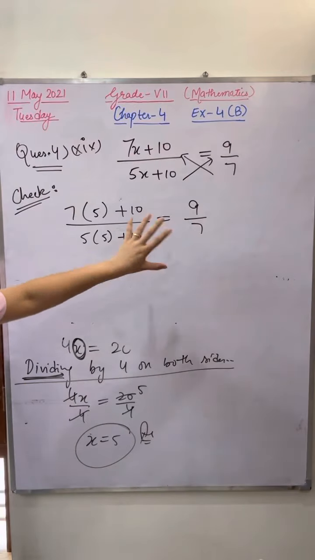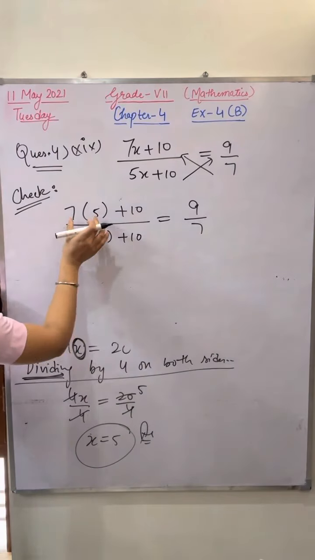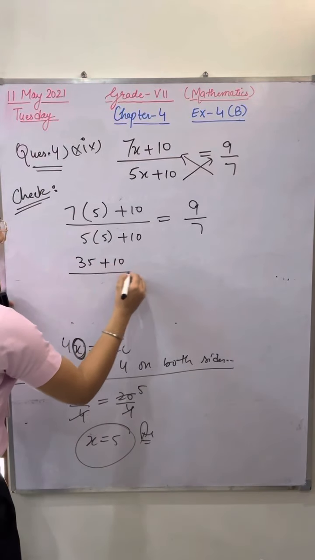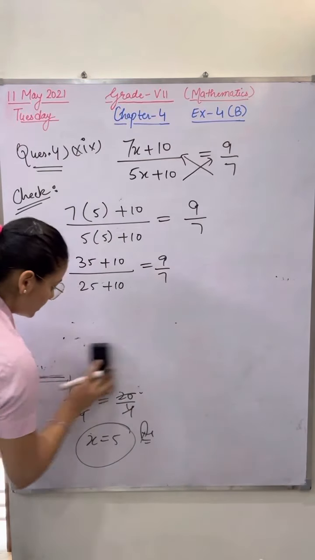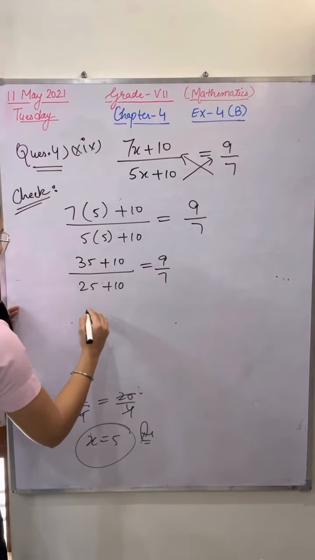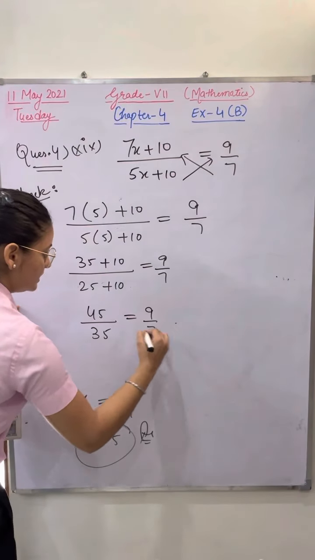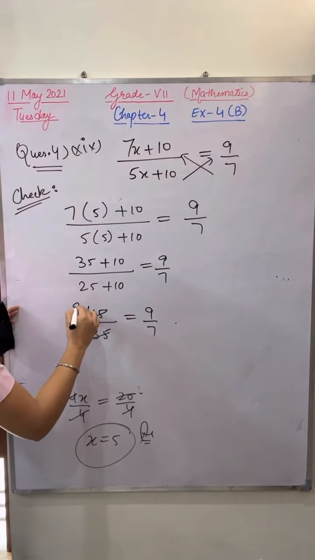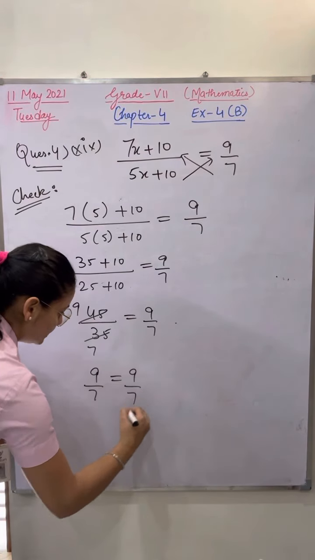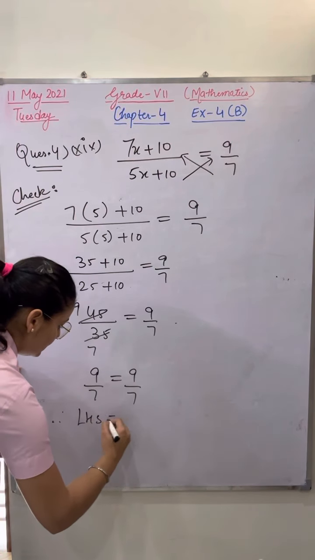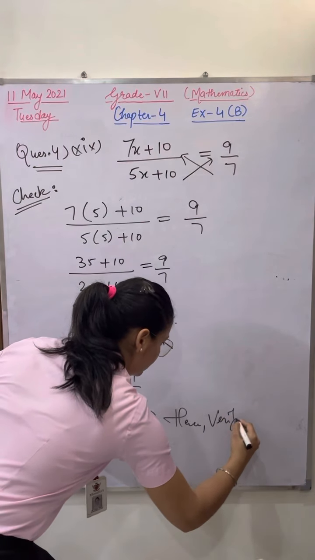No need of cross multiplication now, just equate the left-hand side with the right-hand side. 7 fives are 35 plus 10, 5 fives are 25 plus 10, equals 9 upon 7. 35 plus 10 is 45, upon 25 plus 10 is 35. Cancel on the 5 table: 5 nines are 45, 5 sevens are 35. So 9 upon 7 equals 9 upon 7. Therefore, left-hand side equals right-hand side, and hence you have verified your question.